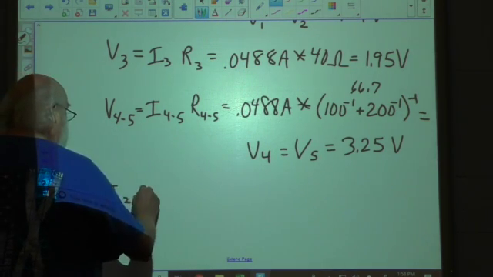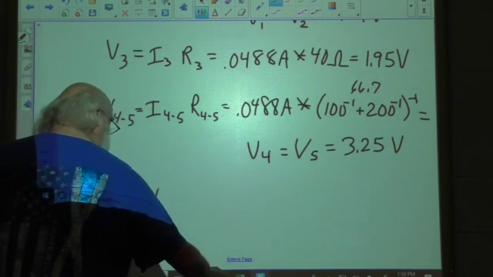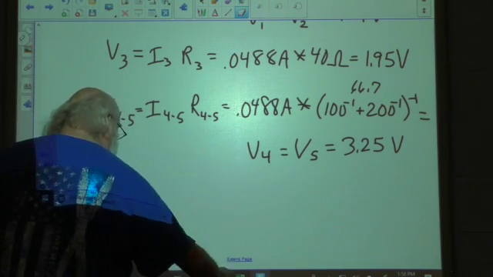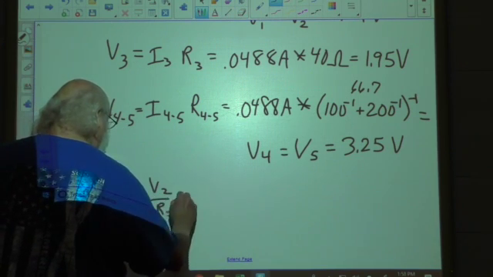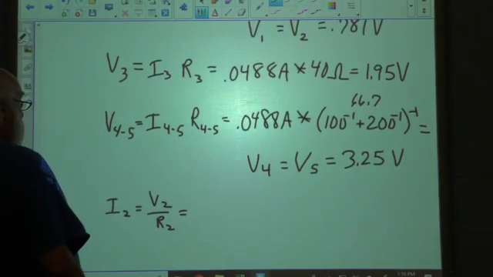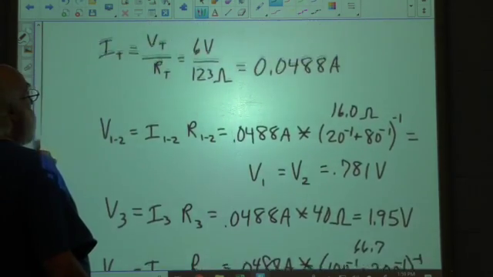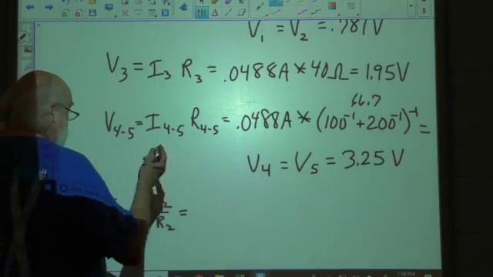I2 is going to equal V2 over R2. V2 we said is, wait, we haven't done 1. Why am I doing 2? I mean 1, 2. Well, I'll do 2 and then I'll do 1. Whatever.